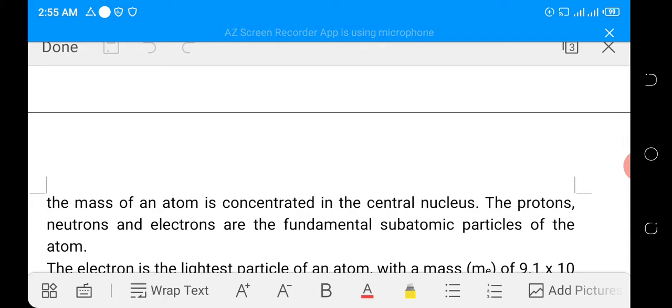That is, the nucleus is responsible for most of the mass of the elements. So the protons, neutrons, and electrons are the fundamental subatomic particles of the atom.